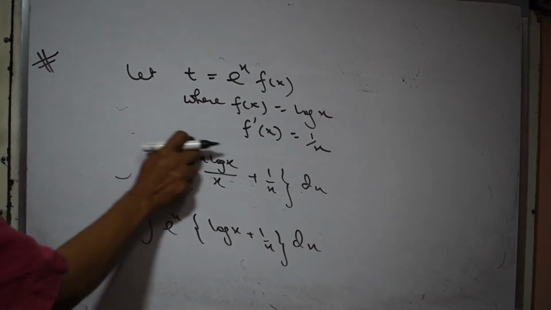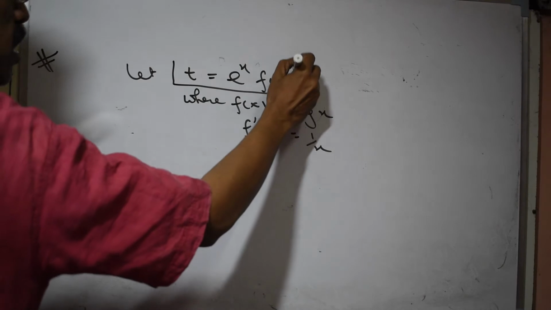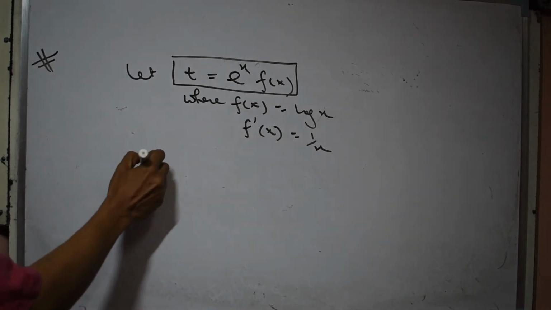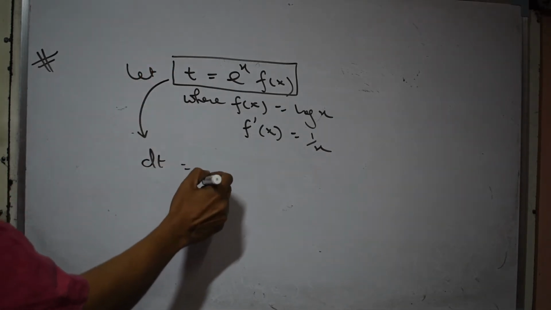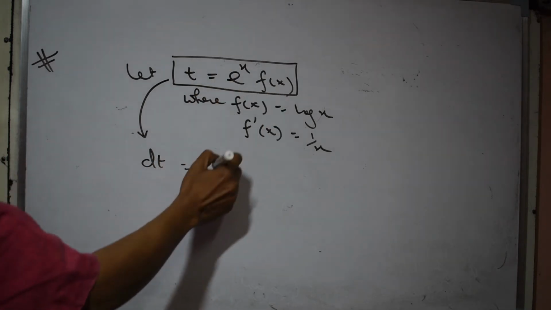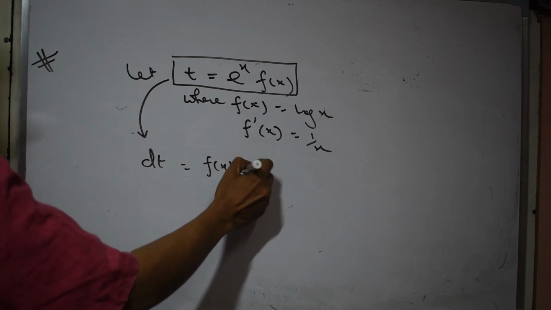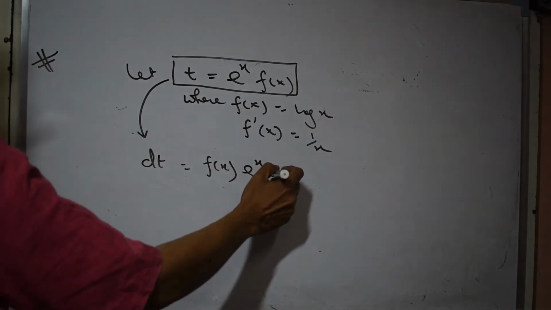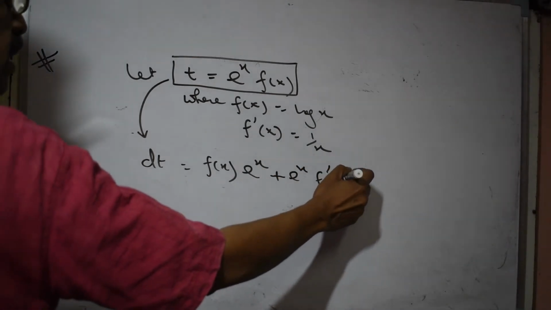Now we will follow the rule: take the substitution t is equal to e to the power x into f(x). Now we differentiate t. dt will follow the product rule, u into v derivative: e to the power x differentiation is e to the power x, f(x) is left as it is, and then e to the power x into the derivative of f(x), f dash x.